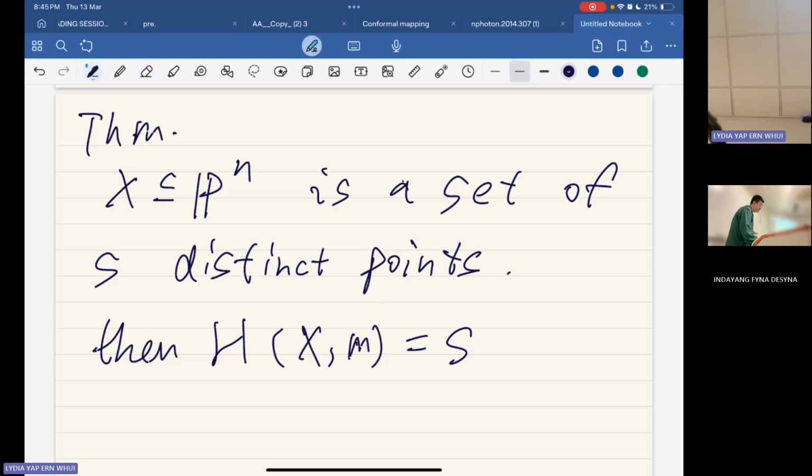It will equal S when m is greater than S minus 1. This theorem I will not give a proof of because I have not proved it yet.